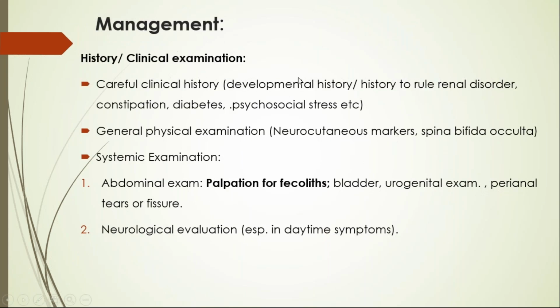So that's what they have mentioned here: the developmental history, rule out a renal disorder, constipation most important, diabetes, psychological stress, and try to find out about the family history, the family tree. Is there any problem between the parents, in the family? Does the child feel stressed because of the younger sibling or the older sibling? Or is there some physical abuse in the family? That sort of history is all important, because many times that may be the only cause you find.